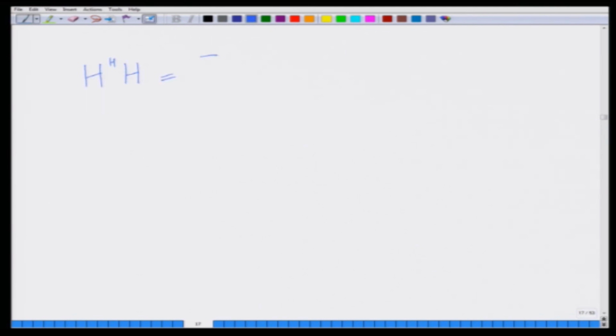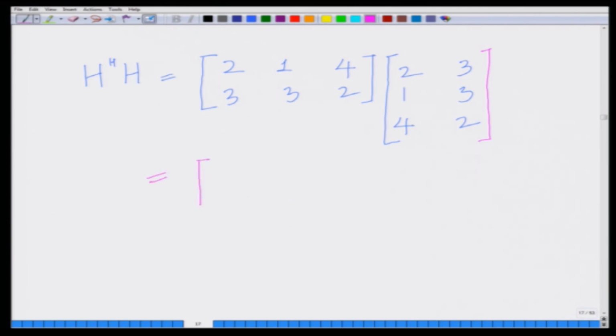Now, let us first start with H Hermitian H. H Hermitian is the transpose and complex conjugate of H, that is 2 1 4, 3 3 2, and H is 2 3, 1 3, 4 2, which is equal to, well, the product of these, H Hermitian H, is 21 17, 17 22, and therefore, this is a 2x2 matrix, that is a T cross T matrix, as we have previously seen.